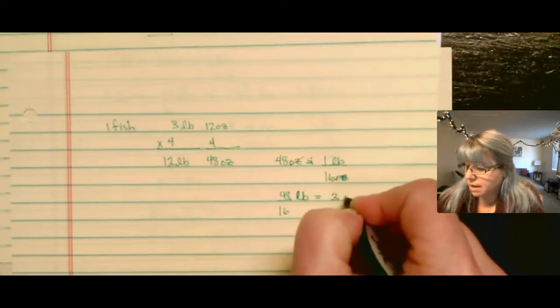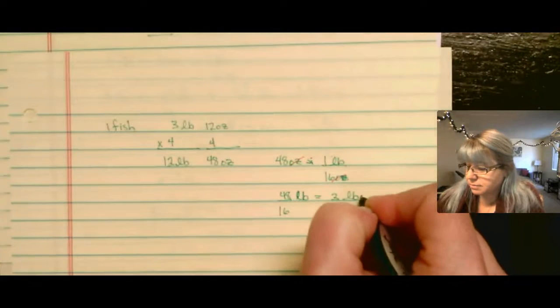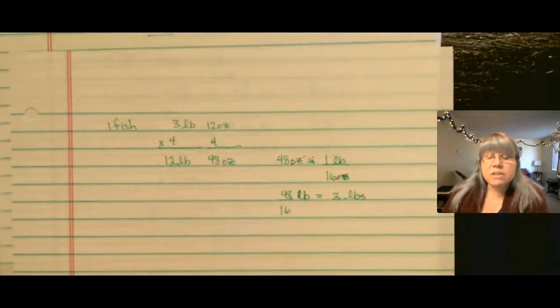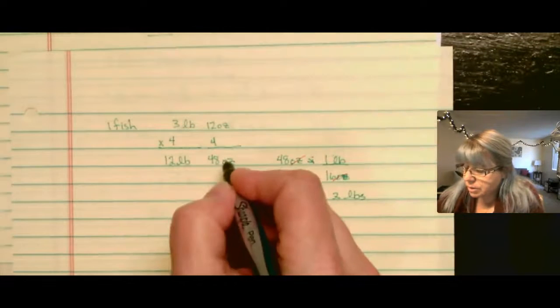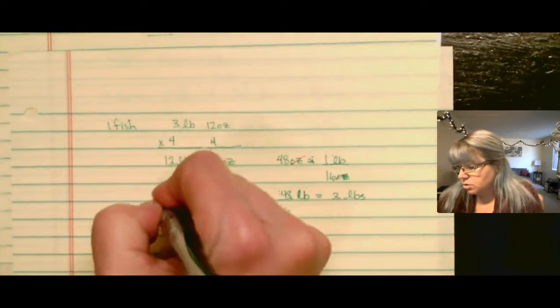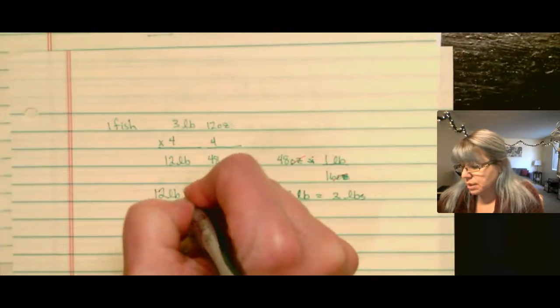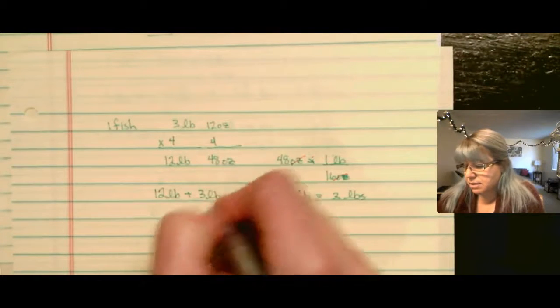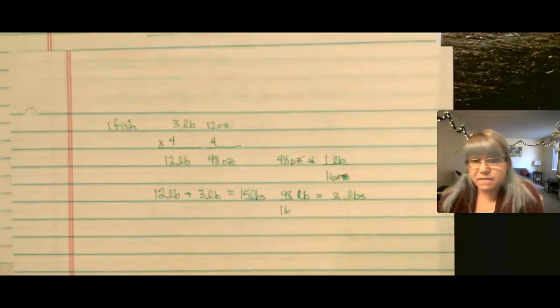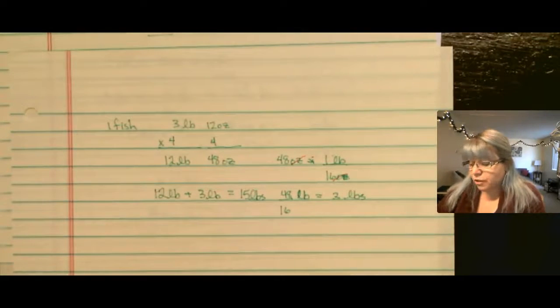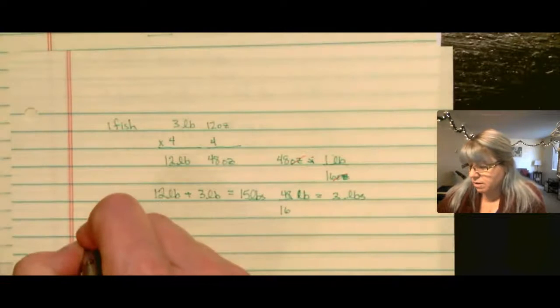That equals 3 pounds. Okay. 16 goes into 48 3 times. So the ounces is actually 3 pounds. So 12 pounds plus 3 pounds will equal 15 pounds of fish. That's for all 4 fish.